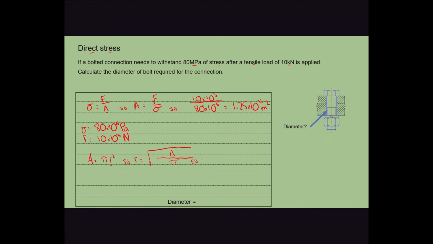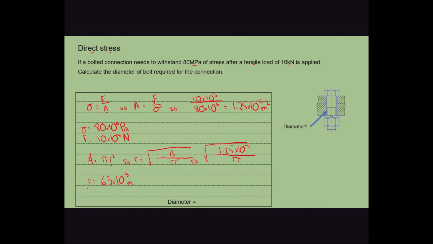So I've got my values, so the square root of the area, 1.25 times 10 to the minus 4 divided by pi. So I'm going to get a radius of, again I'll give you a sec just to pause the video. I'll get a radius of 6.3 times 10 to the minus 3 meters.